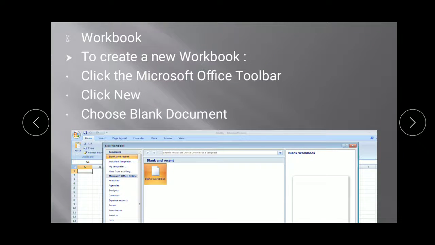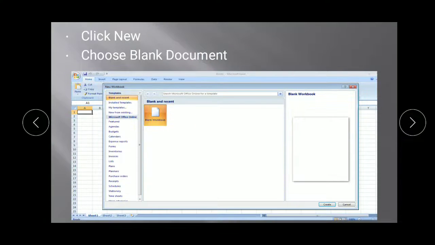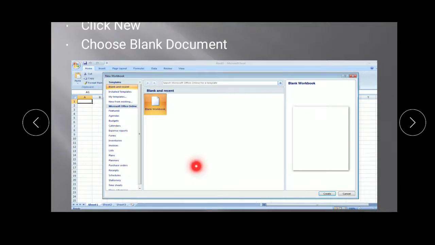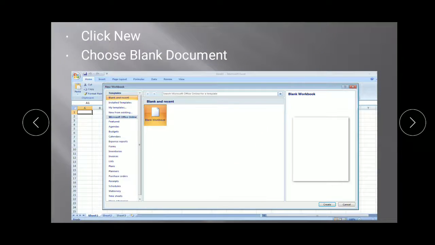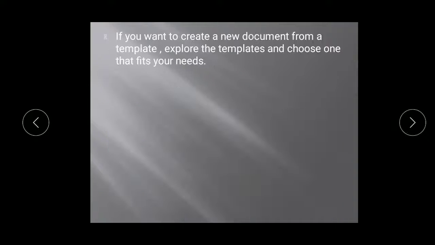How to create that? Click on Microsoft Office button, click new. When I click on this Microsoft Office button, I have the new option. When I click on new, this dialog box will open, in which I have to select blank workbook and click on create. My actual worksheet, the normal worksheet, will open.